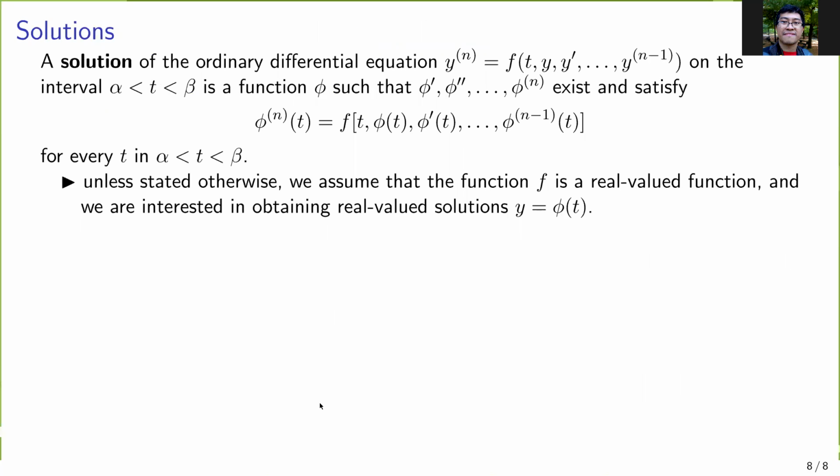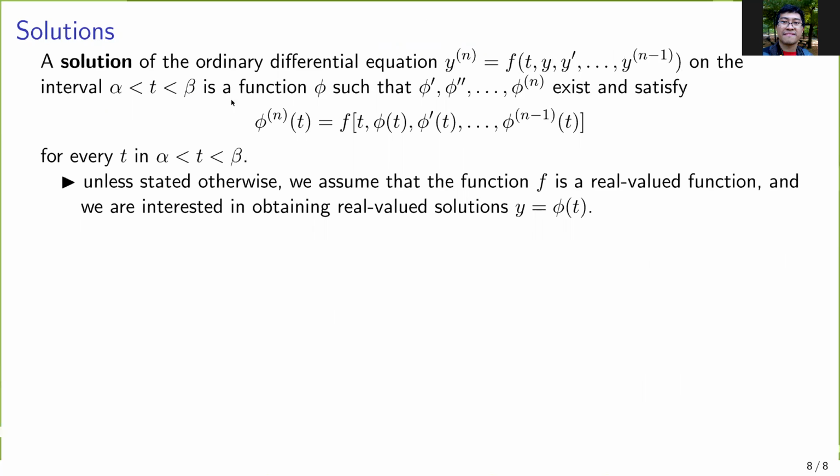Generally, for a solution of an ordinary differential equation given by this form, we rewrite the highest order derivative y^(n) in terms of a function of the other derivatives and the variable t.